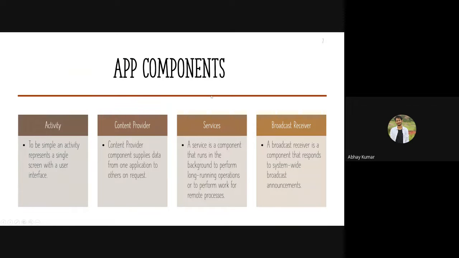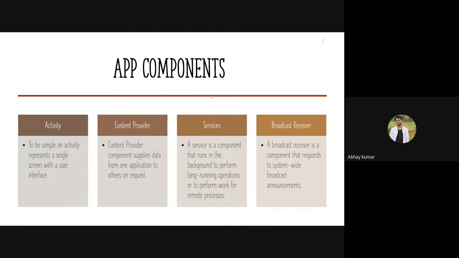Coming to the next topic, app components. What are the app components? We can say there are four pillars of an Android application: activity, content provider, services, and broadcast receiver. Firstly, the Android activity.